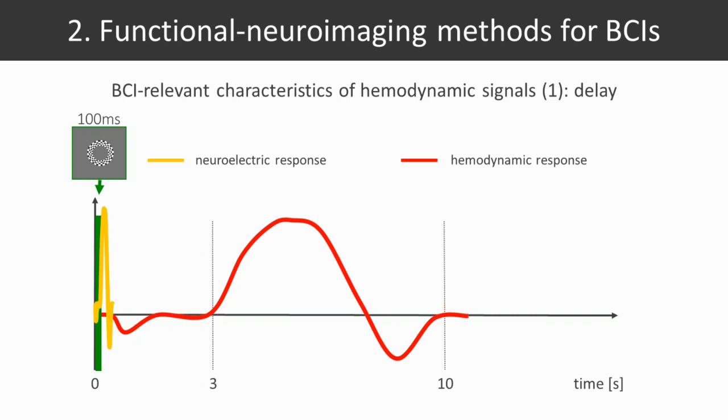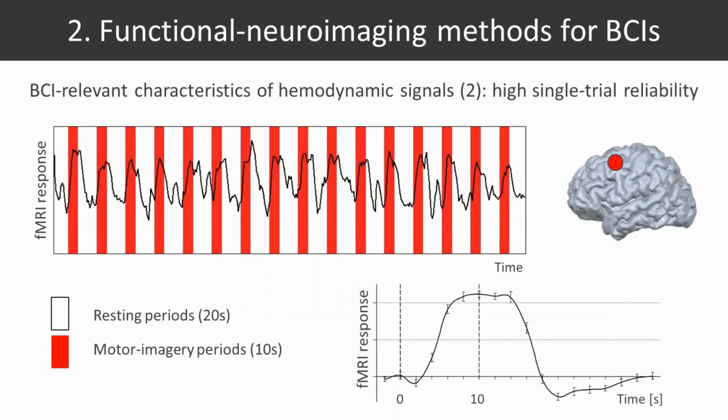So this considerable temporal delay constitutes one not so nice BCI relevant characteristic of the hemodynamic signal, but it has to be considered, and then it can maybe be counteracted.